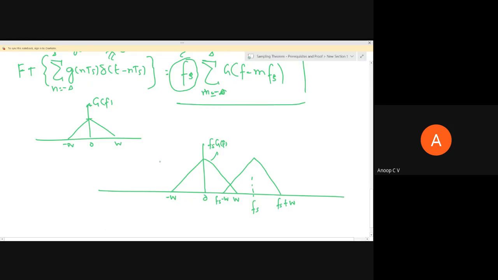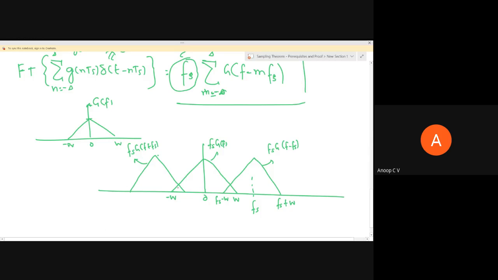And for m equal to minus 1, it will be something like this. So this one will be fs into g of f minus fs, and this one will be fs into g of f plus fs, and so on. So this is how the spectrum will be.